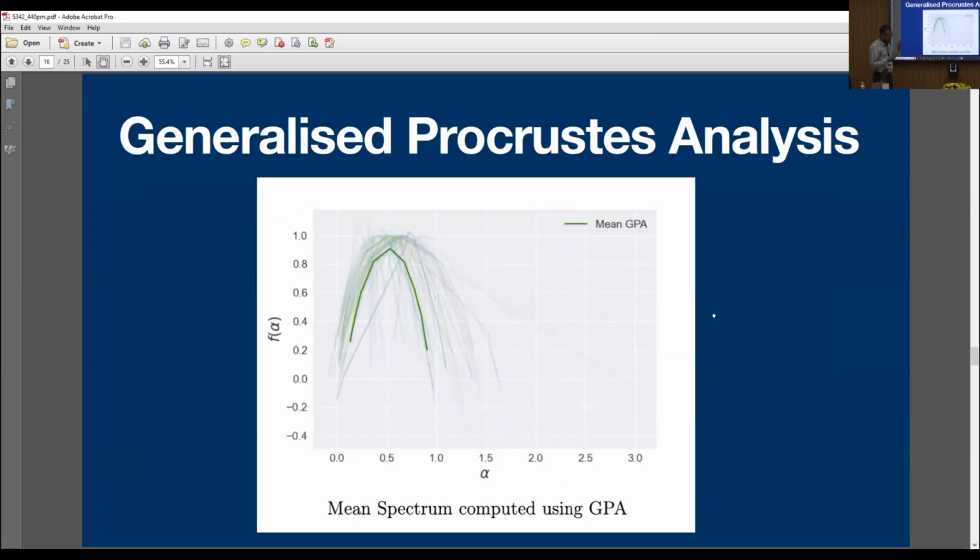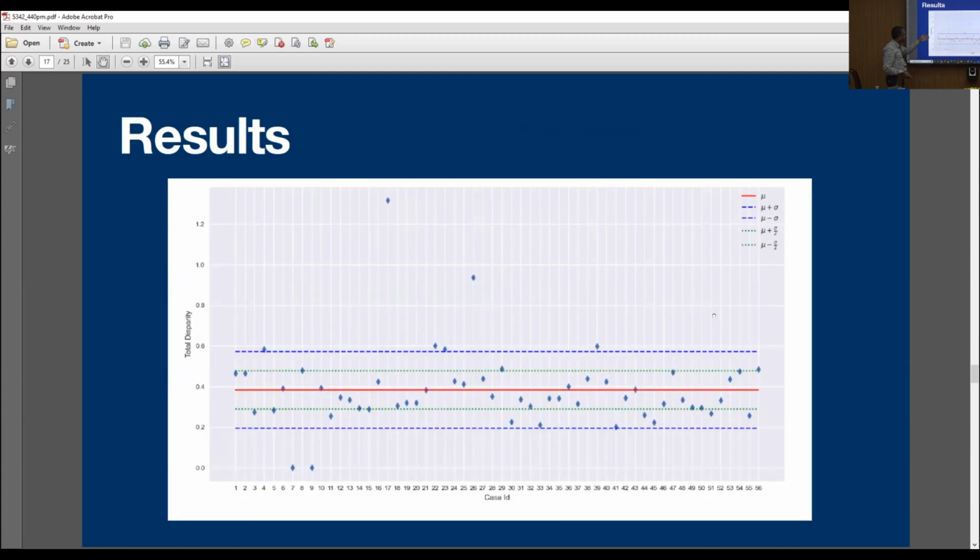So we took all those shapes and collapsed them to get the mean shape, and this is the mean shape from the GPA. Now we use this to compare everything against this one and see what the disparity looks like. Generally most of the cases deviate around 0.4 or so.